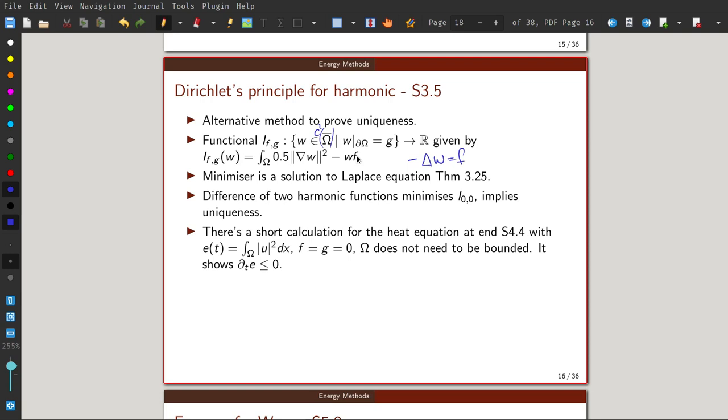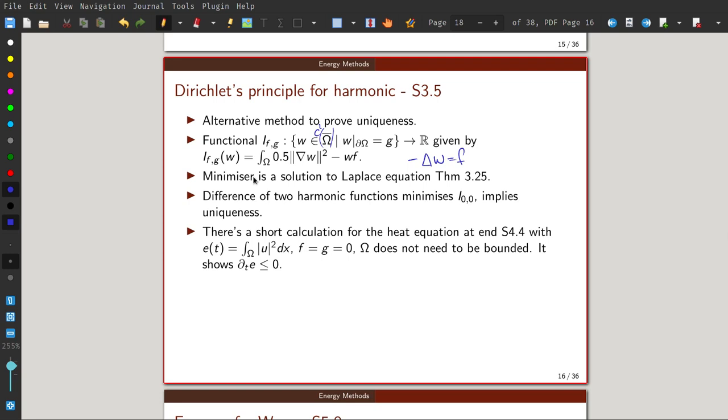But we don't have that here. We will just use this to prove uniqueness. So we know that if there's a minimizer for this functional, then it's a solution to the Laplace equation, and vice versa. Any solution to the Laplace equation with this boundary condition is a minimizer of this functional.